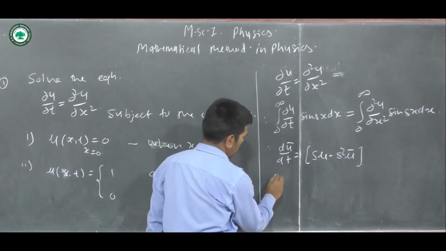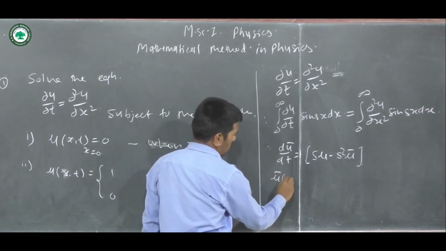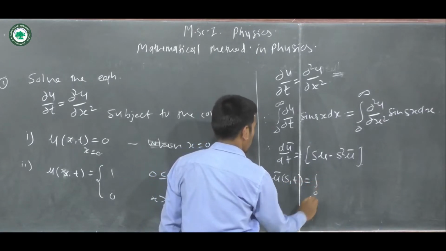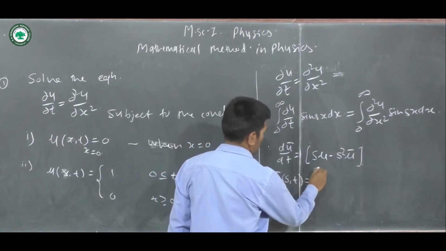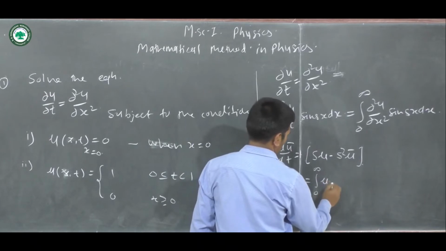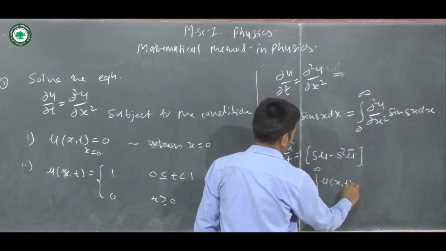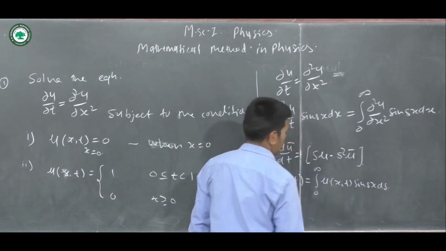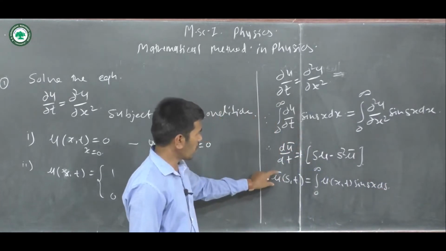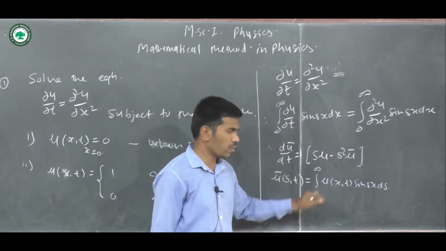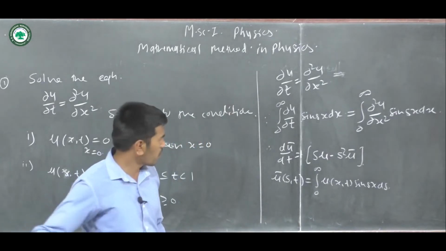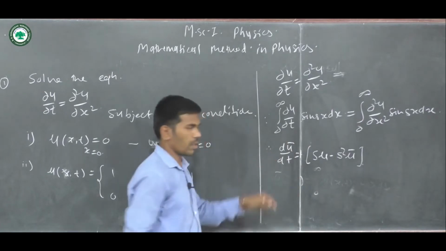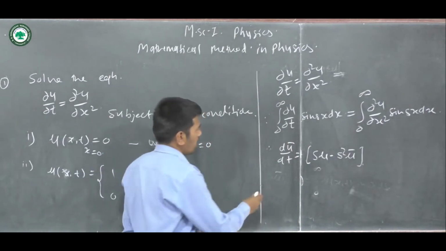Also we can write ū as a function of s and t, equal to the integral from 0 to infinity of u(x,t) sin(sx) dx. So ū is the transformation of u, and that is why we can write dū/dt.